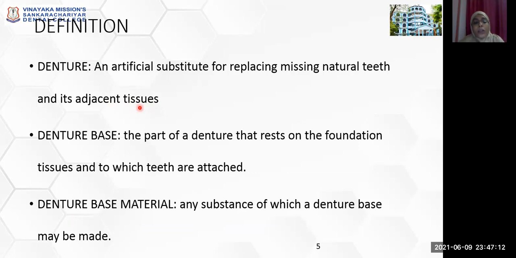And what is a denture base? It is the part of the denture that rests on the foundation tissues, and it is over this denture base that the prosthetic teeth are attached. The material with which this denture base is made is called the denture base material.